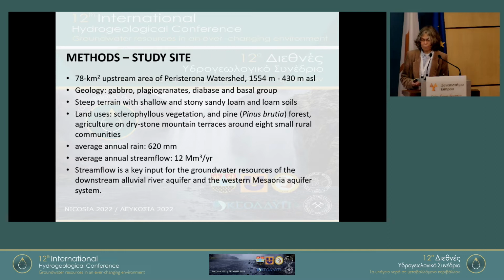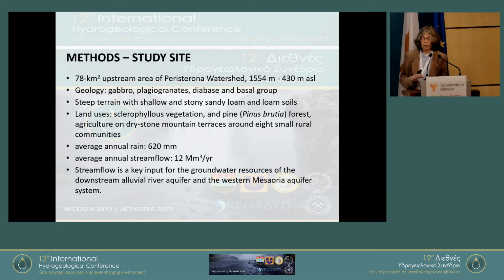Mainly pine forest and sclerophyllous vegetation, and small agricultural areas on dry stone terraces and rural mountain communities in the upstream area of the watershed. Average annual rainfall is 620 millimeters per year. Stream flow is 12 million cubic meters per year.